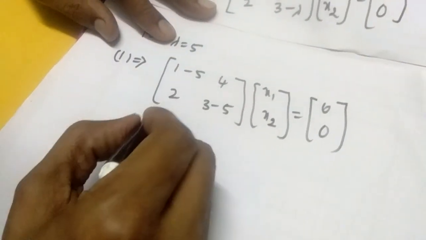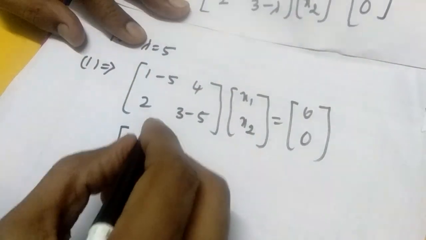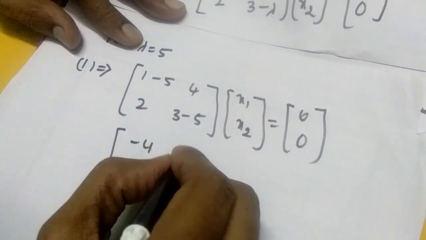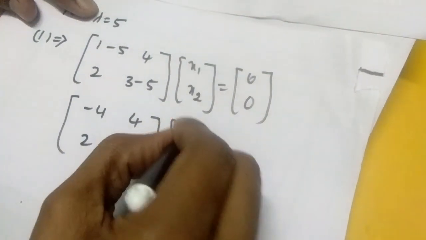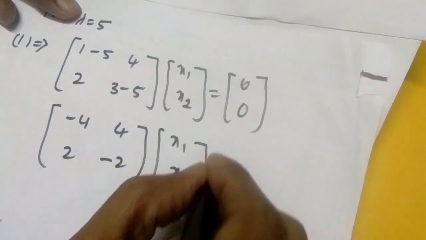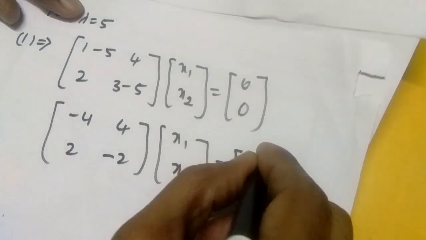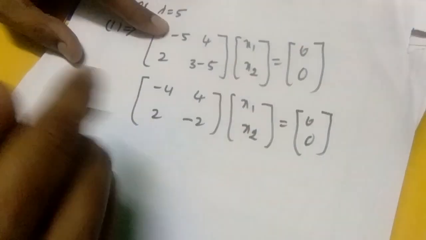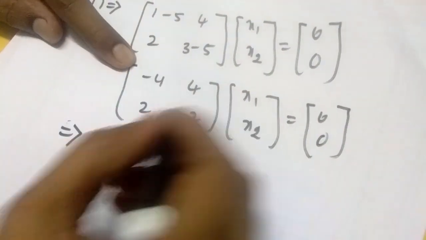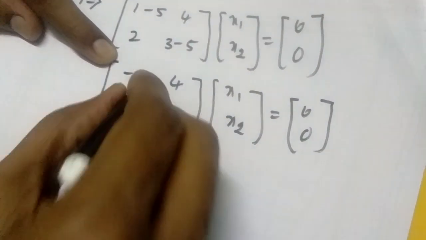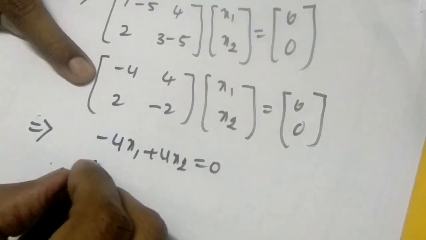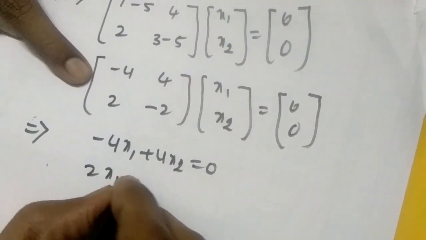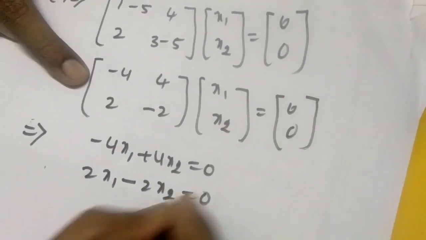Now multiplying, 1 minus 5 means minus 4, 4; 2, minus 2, into [x1, x2] equal to [0, 0]. This implies minus 4x1 plus 4x2 equal to 0, or 2x1 minus 2x2 equal to 0.